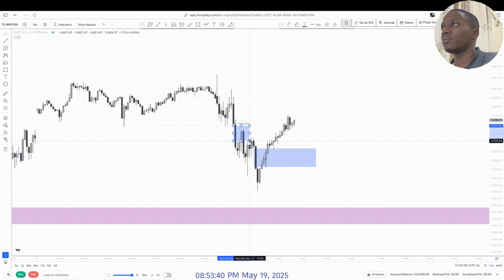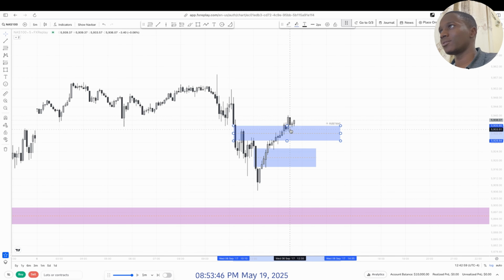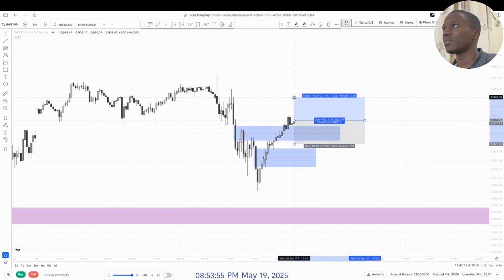Inverse fair value gap, fair value gap reacted, then we push away from it, we drop into it. There's candles you can see here, so maybe I'd look for a buy in the PM session, this one, which will be something like this. I want to target this high, and my stop loss will be somewhere below this candle of 2R.